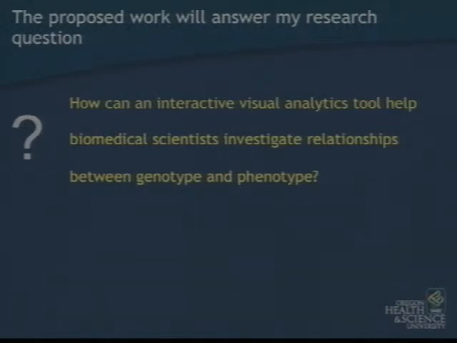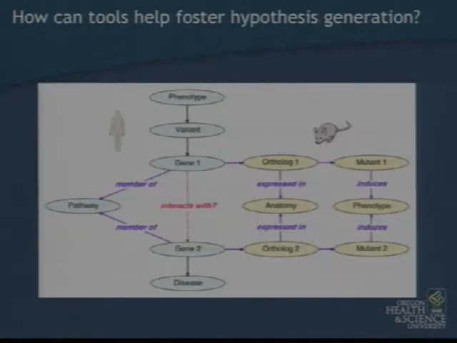So let's go back to the diagram I discussed earlier. When I speak of investigating links between genotype and phenotype, you might have a tool that represents data like a network graph, if that's beneficial. It doesn't necessarily have to be that. But you might not want to have a display that shows all of the data that you have at once, which could be indecipherable if you have a huge amount of it.